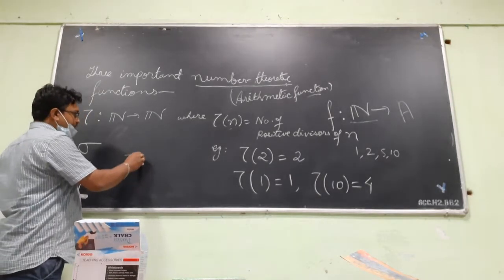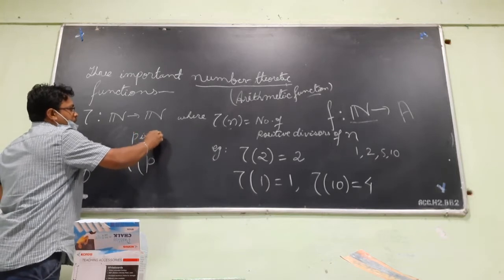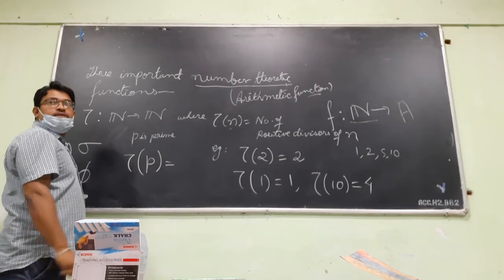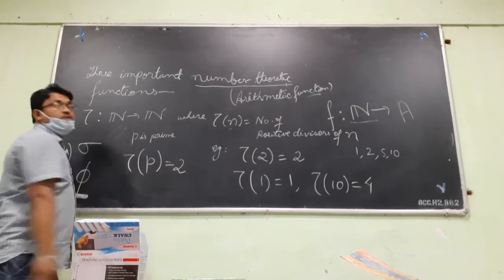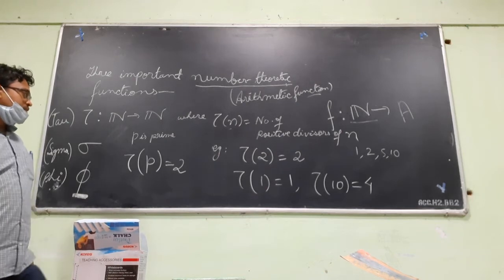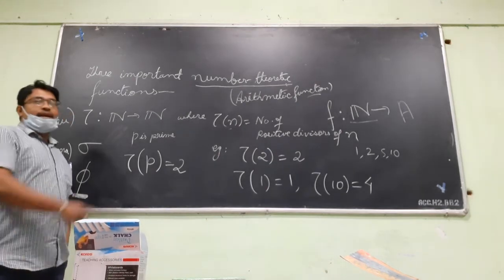Similarly, if p is a prime number, what can you say about tau of p? 2. A prime number has only 2 positive divisors. So if a number is prime, then the only positive divisors are 1 and p.